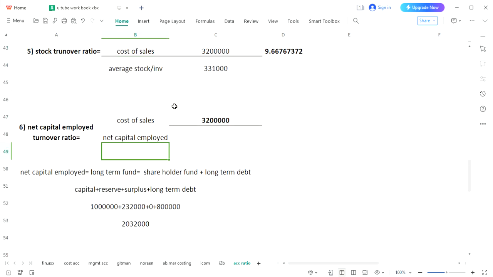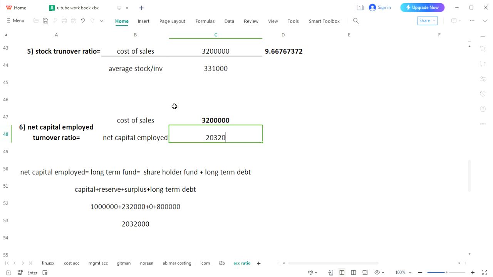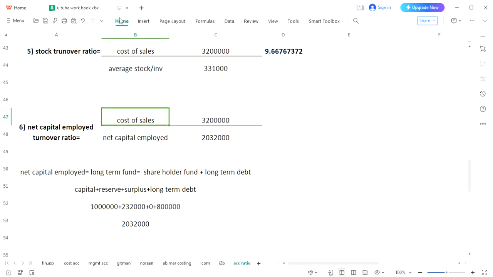Let's put it over here, 2032. Okay guys, in this way our formula has been completed where cost of sale was needed. We have put cost of sales and net capital employed has been calculated like this. You are humbly requested to please memorize these formulas. These are very important.